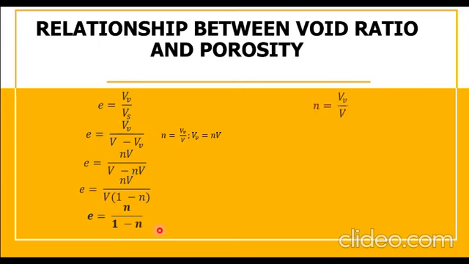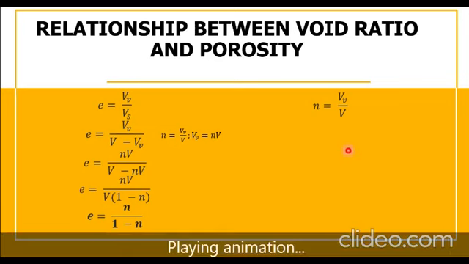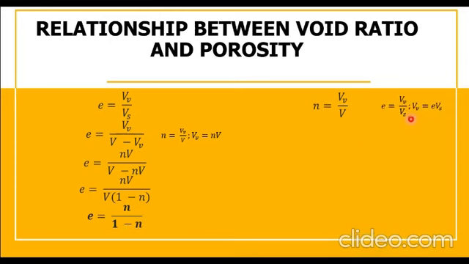Also, we need to recall that n is equal to Vv over V. In that, e is equal to Vv over Vs. That's why Vv here is equal to eVs. If we substitute that in the formula of porosity, Vv will be eVs, and the total volume is equal to volume of voids plus volume of soil solids. So again, substitute Vv here.